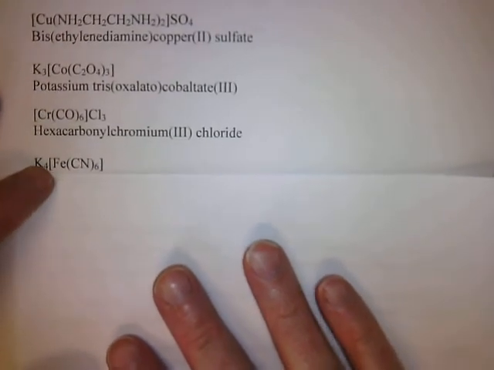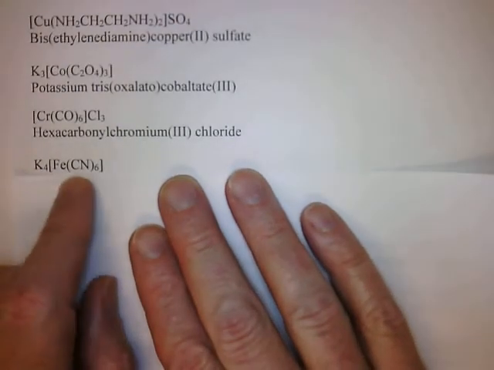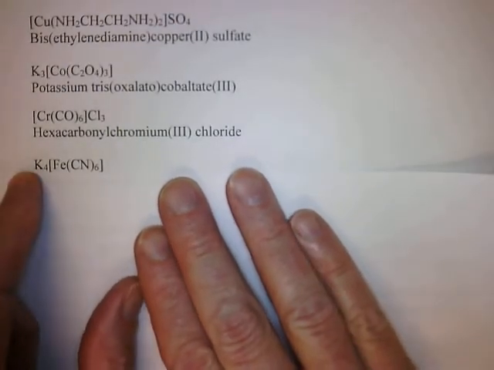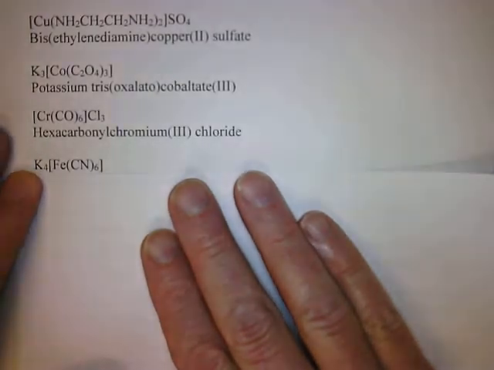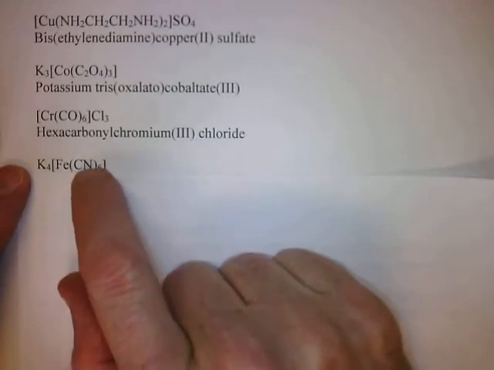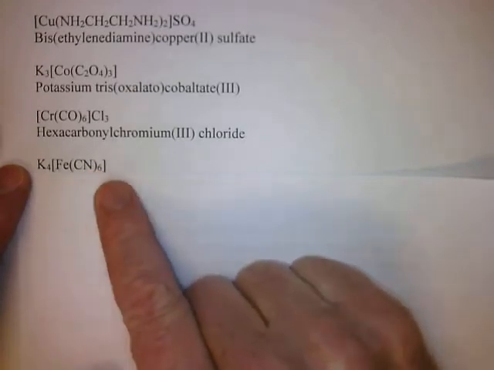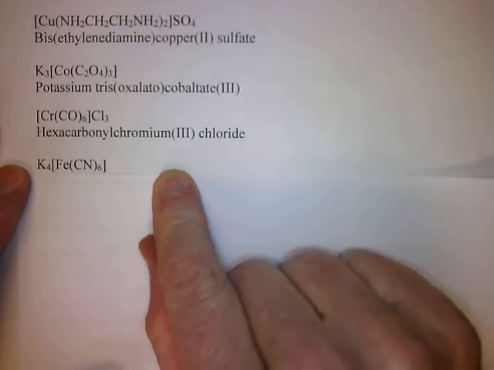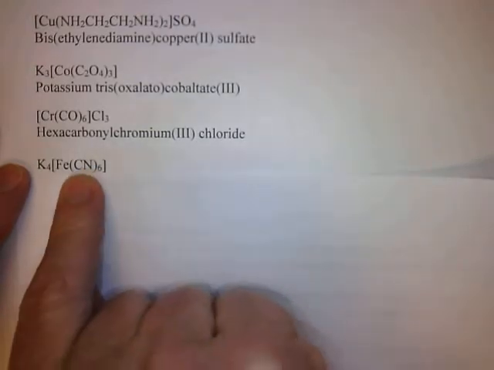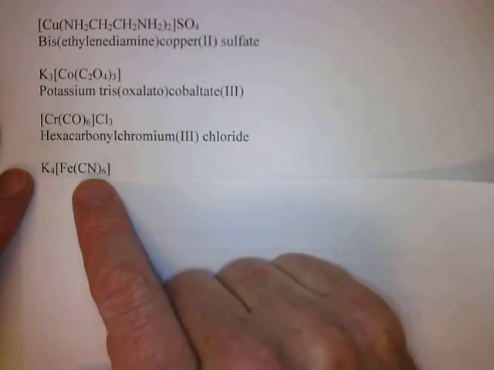Okay, and how about this one? Here's a common molecule. It goes by the common name of potassium ferrocyanide. Let's give it its exact or full name, right? So now we're back to the complex ion being the negative part of the molecule. So our name is going to be potassium something. Okay, now CN, what is that? That's cyanide, correct? When it functions as a ligand, we call it cyano.